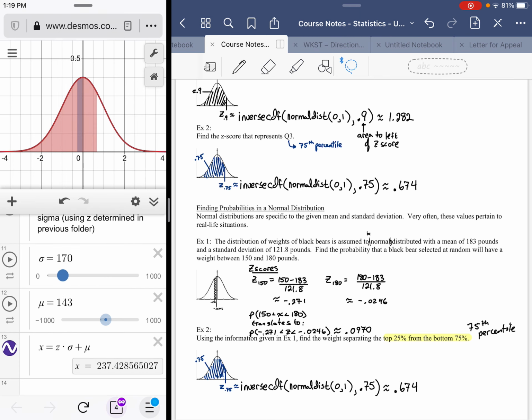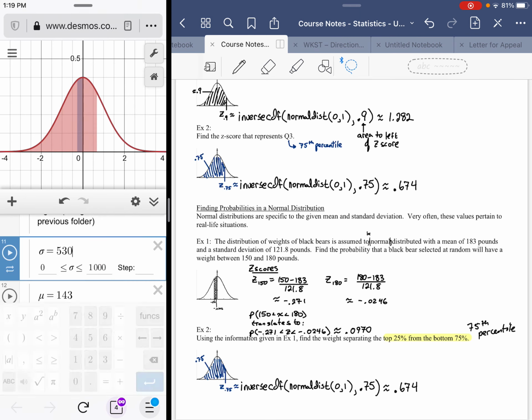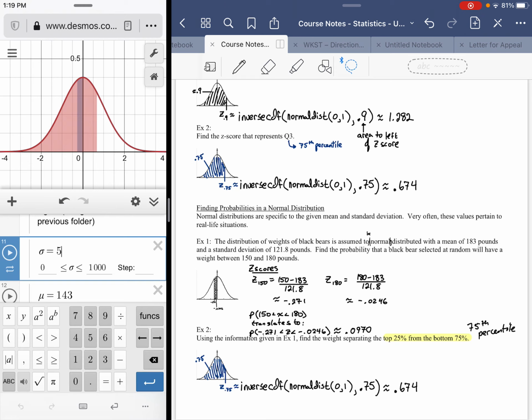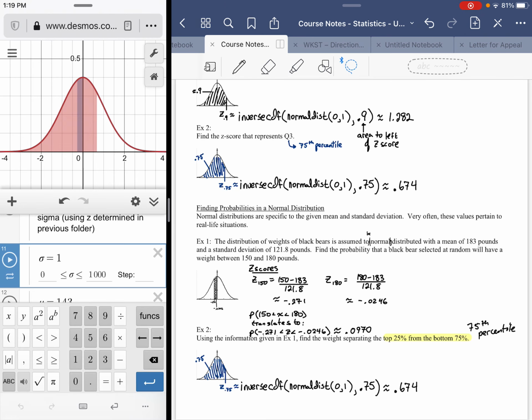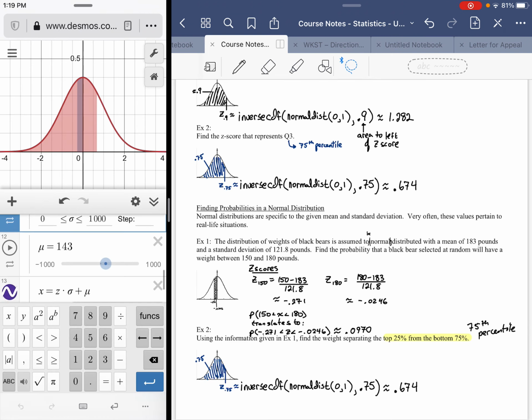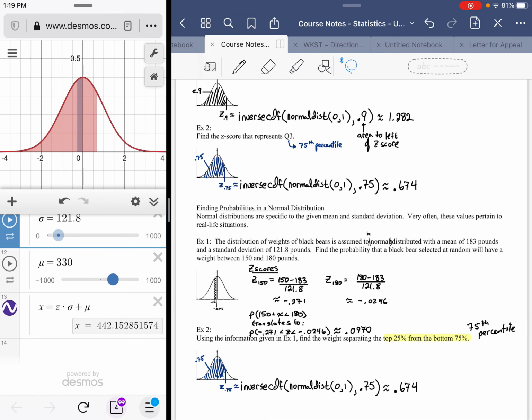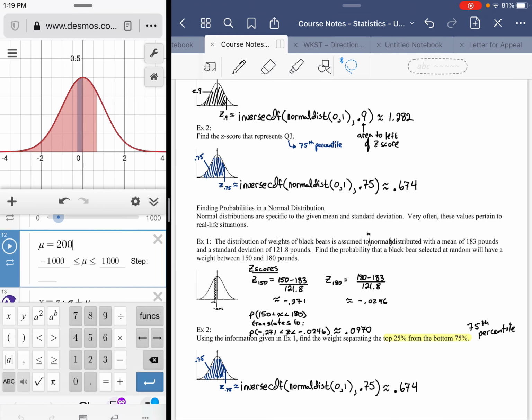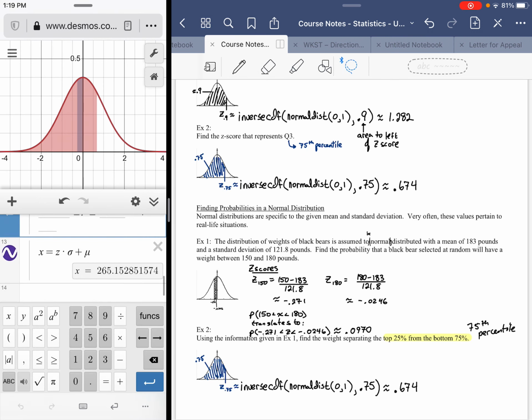You see, I got it going up to 1,000 here, so you're not going to get the decimal value. So just type it in. With the mean of 183, that I could probably scroll to with enough patience. Well, actually I can't because it's going by tens. So 183, just type that bad boy in. And it'll spit out the value.